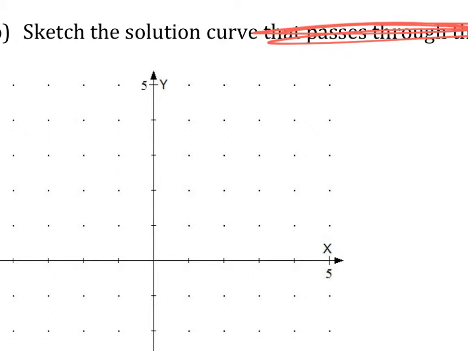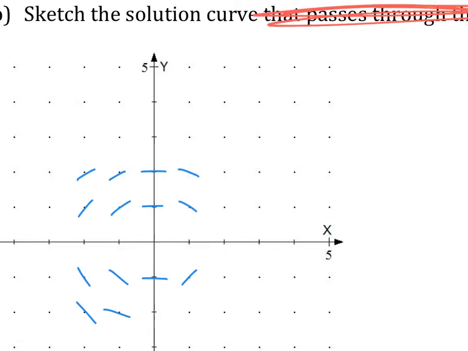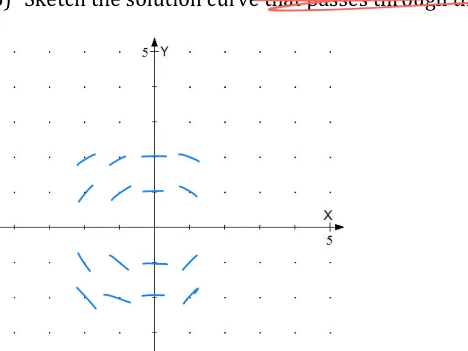You can check with your calculator, but the slope field kind of looks like this. Okay, so something like that.